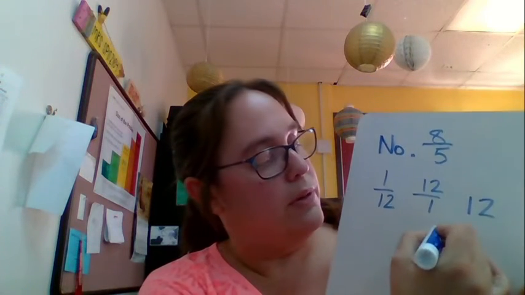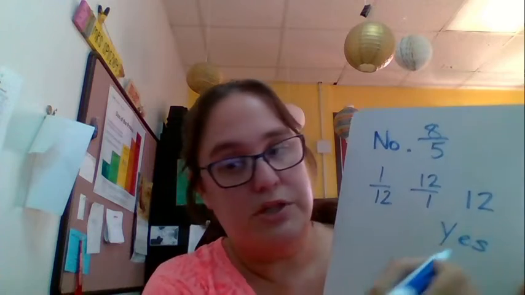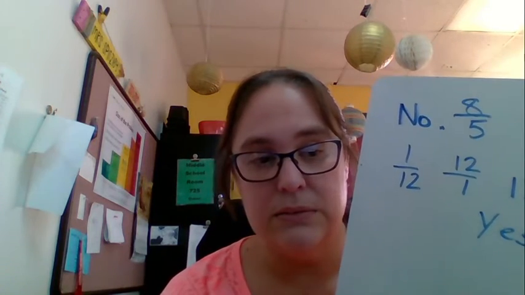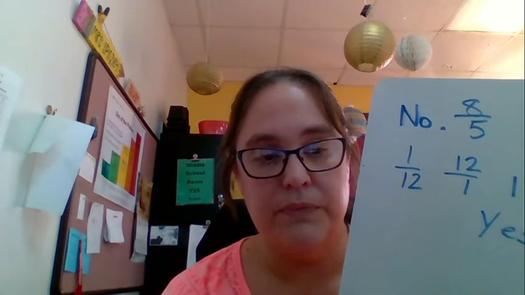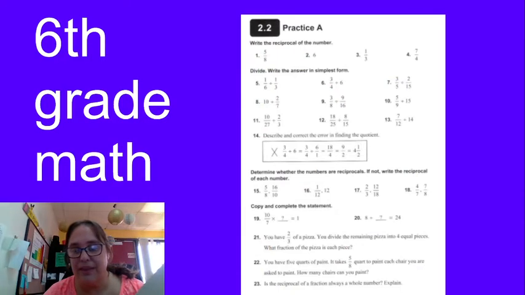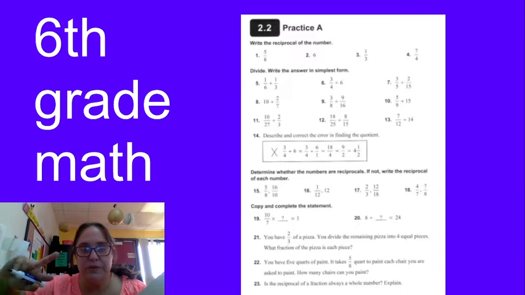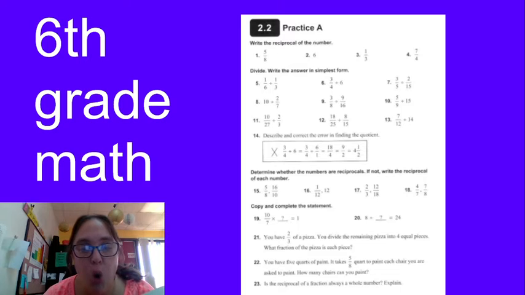So on your paper, you simply need to write yes. Okay. Take a look back then at number 17. I think you should have the pattern then, right? 2/3, when you flip it, is the reciprocal 12 over 18? Write yes or no. You should write no. And then write what it should be.